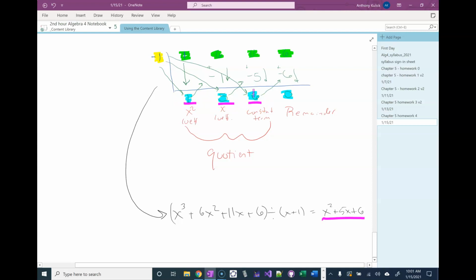The coefficients for that are coming from the result of our synthetic division.